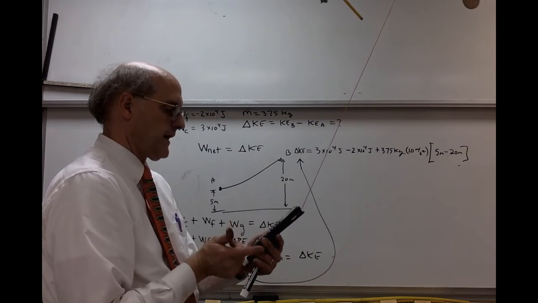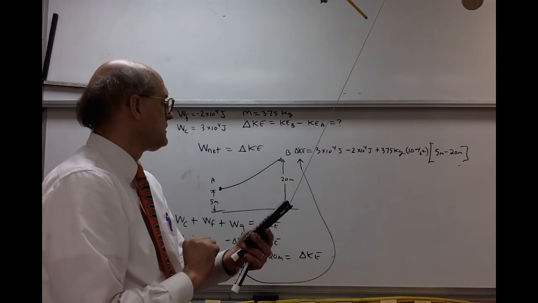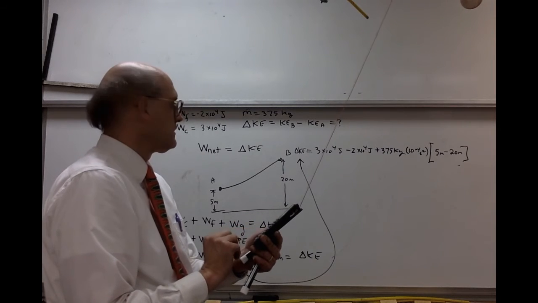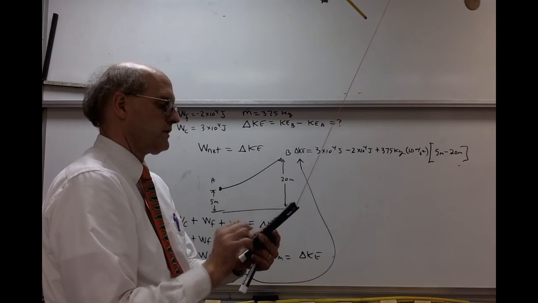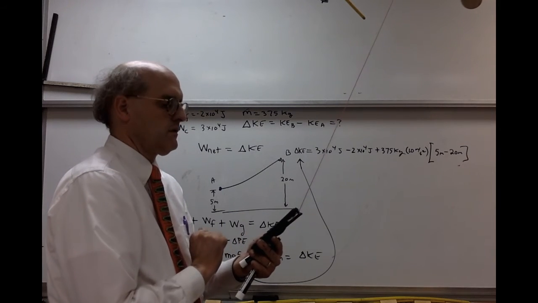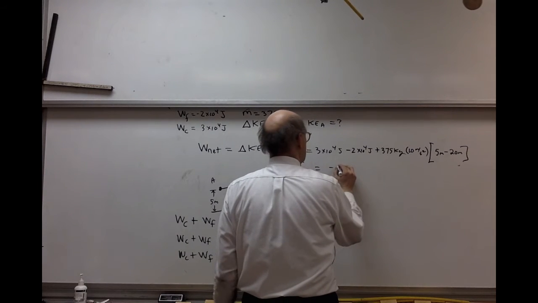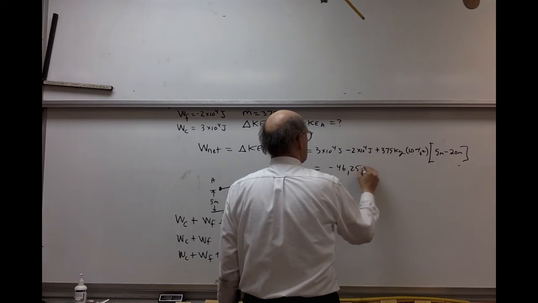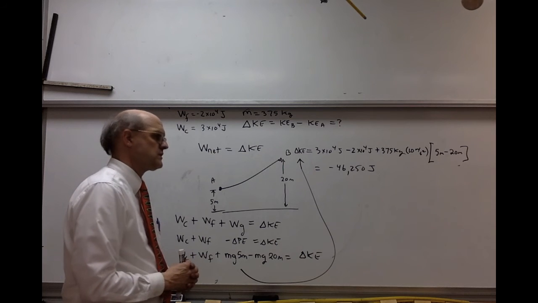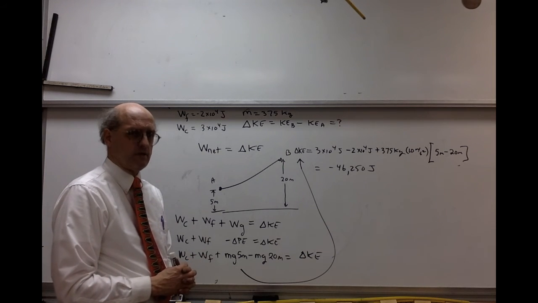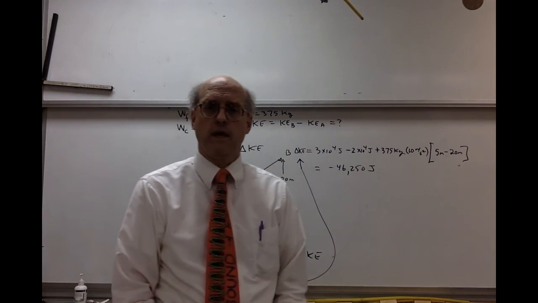Okay, I have to add to that negative 2 times 10 to the 4th, and add to that 3 times 10 to the 4th. And I'm getting negative 46,250 joules is the change in kinetic energy. So, in other words, the final kinetic energy is less than the original kinetic energy. So the coaster slows down as it goes from A to B.